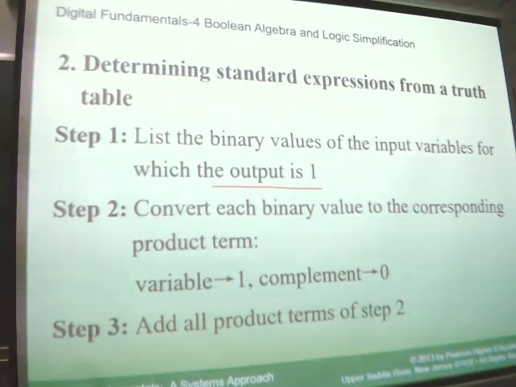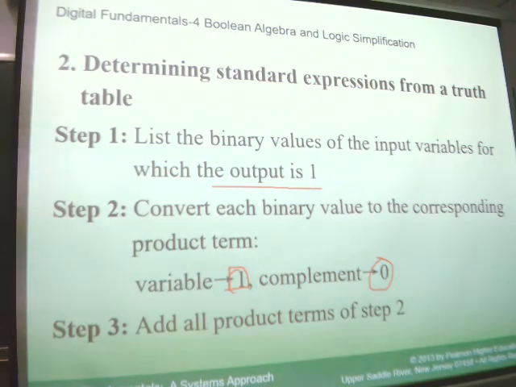And then convert each binary value to the corresponding product term. If the value is 1, then the corresponding literal is a variable. If the value is 0, then the corresponding literal is a complement. Right?